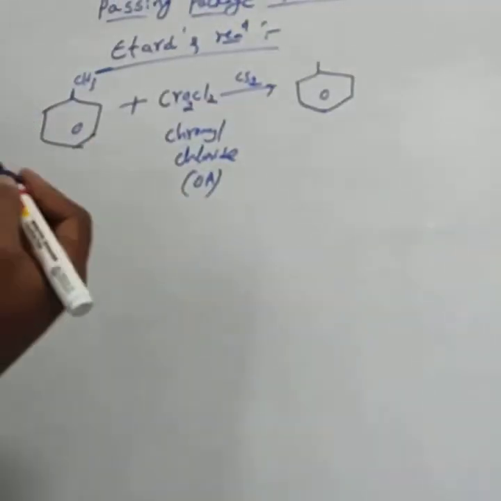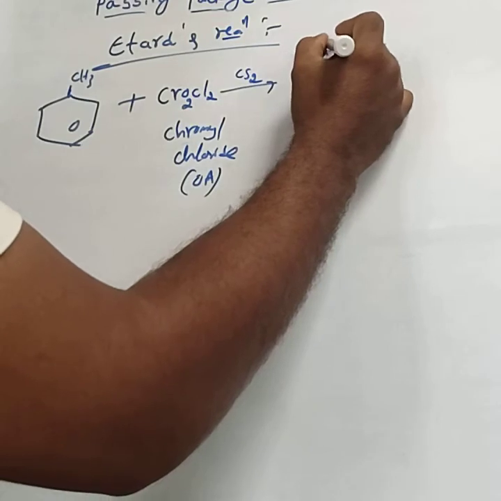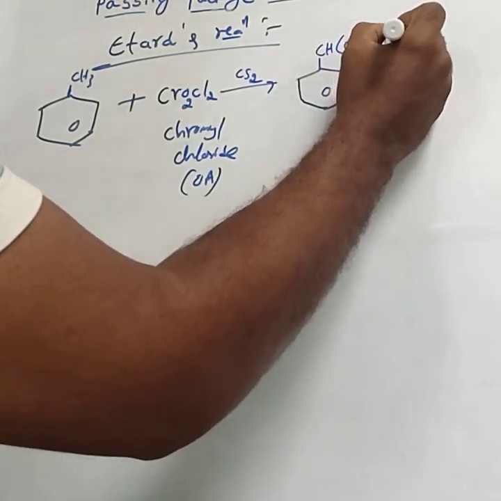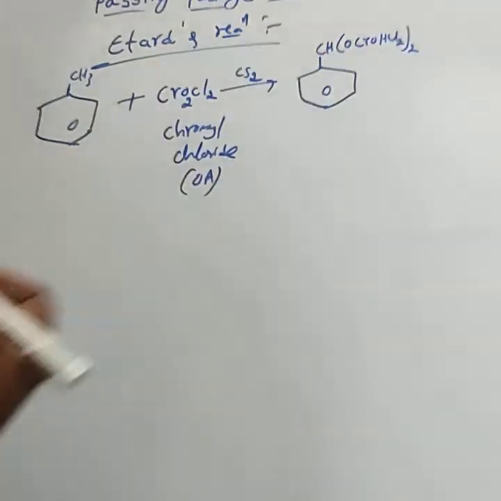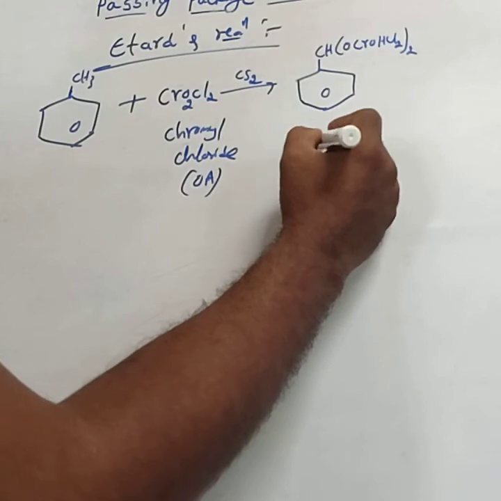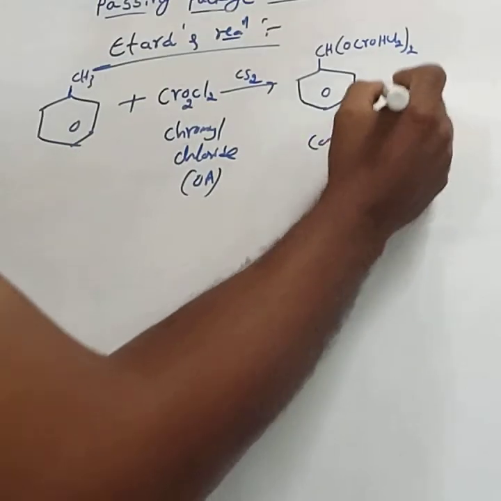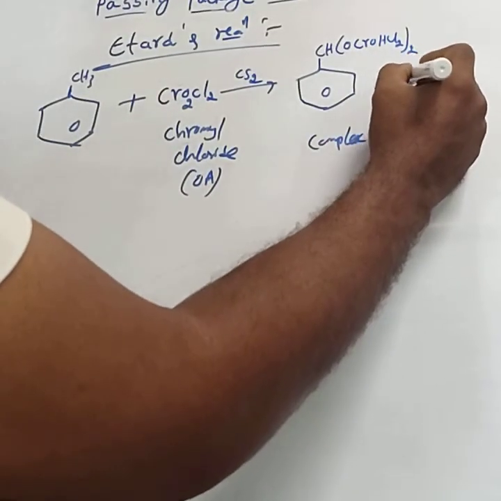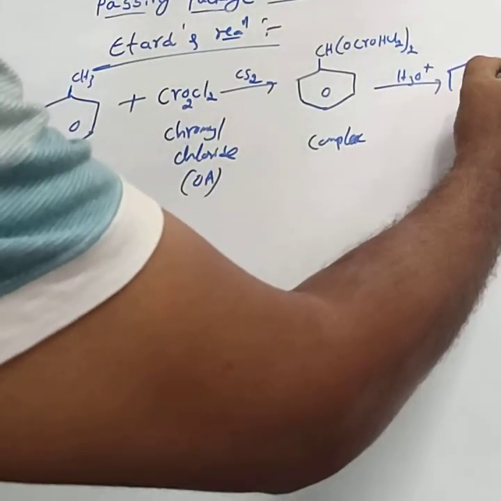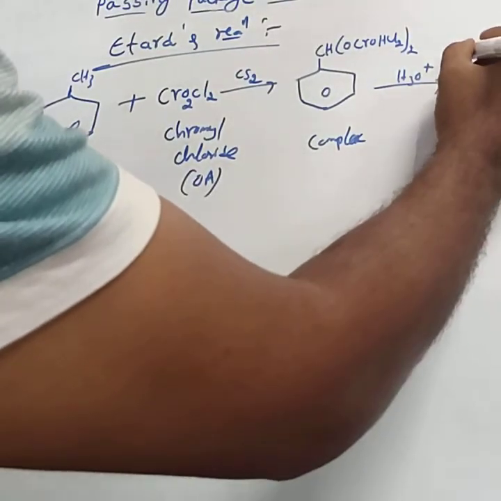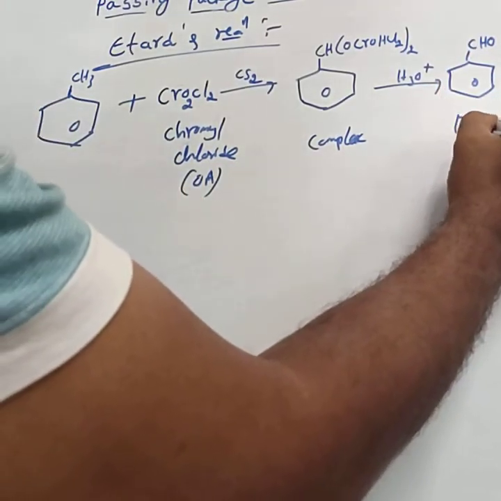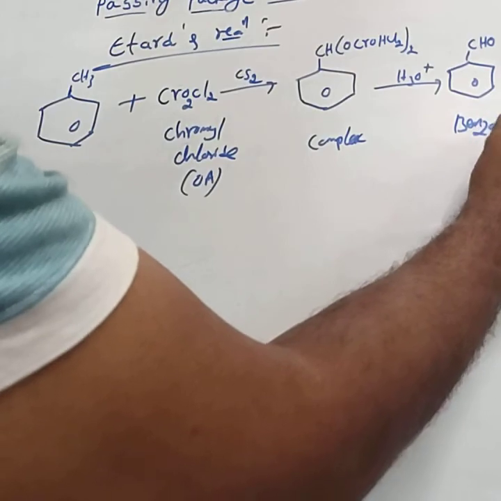That chromium complex formula is C6H5CH(OCrOHCl2)2. This is the chromium complex. The chromium complex on acid hydrolysis forms benzaldehyde. This reaction is called Etard's reaction.